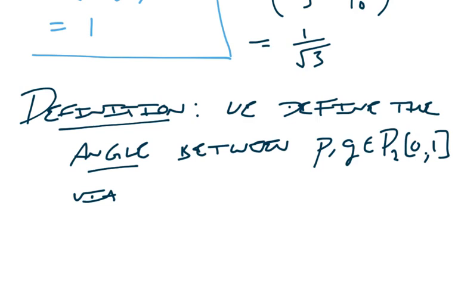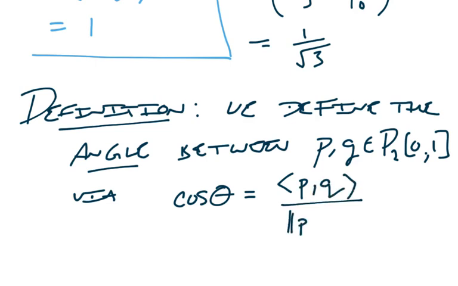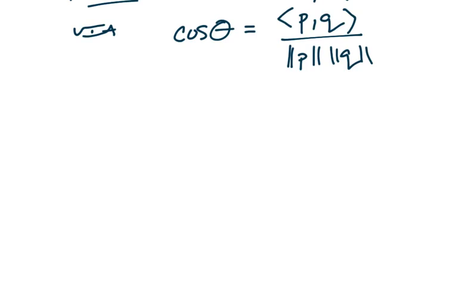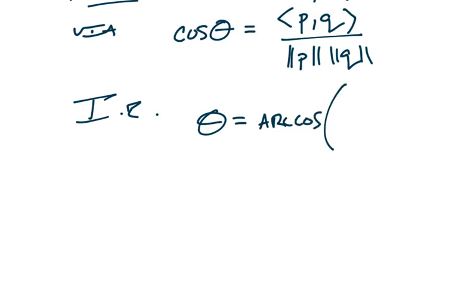The cosine of the angle between them should be equal to their inner product divided by the product of their magnitudes. In other words, if we solve for theta here, theta would be the inverse cosine of this horrible looking formula.